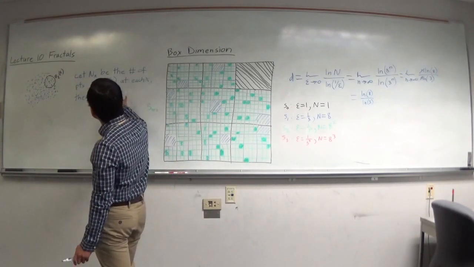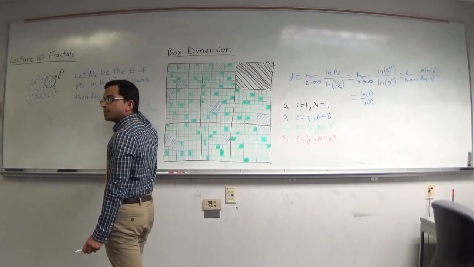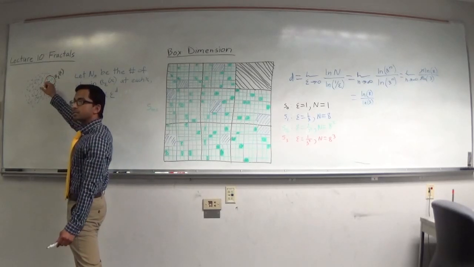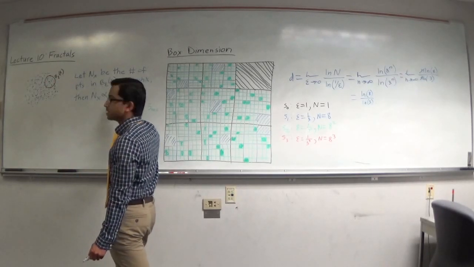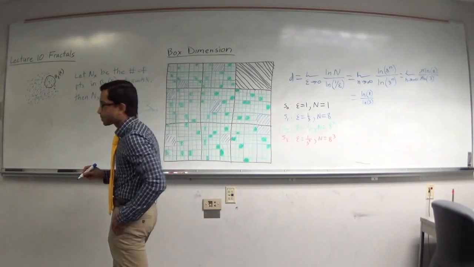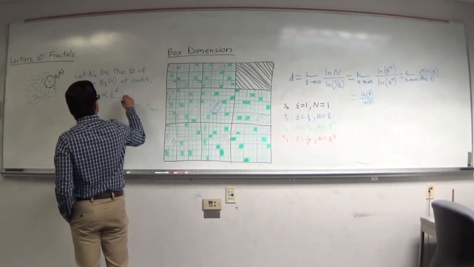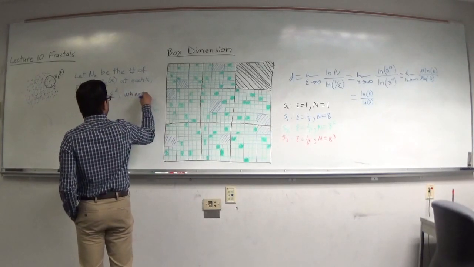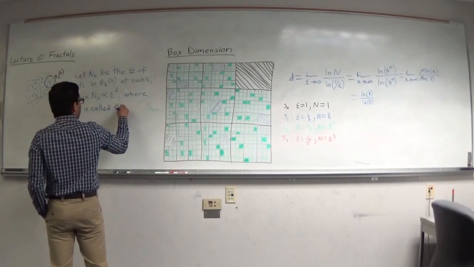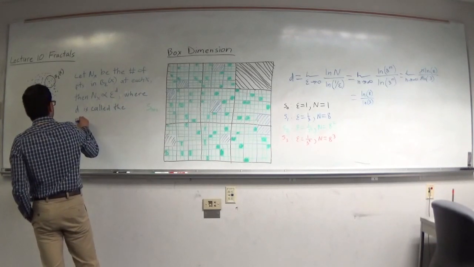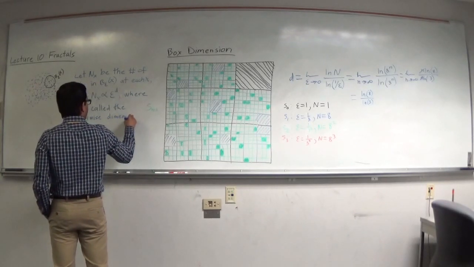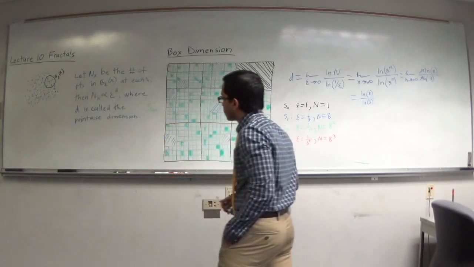So the number of points in a ball is determined by epsilon to the d, where d is called the pointwise dimension.